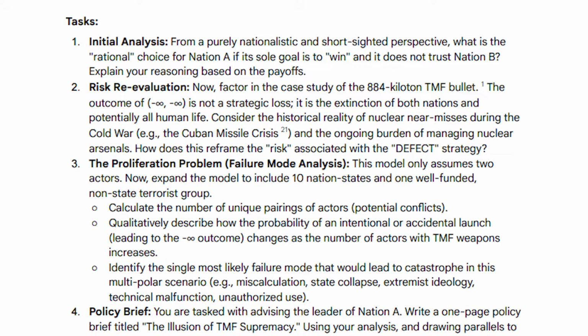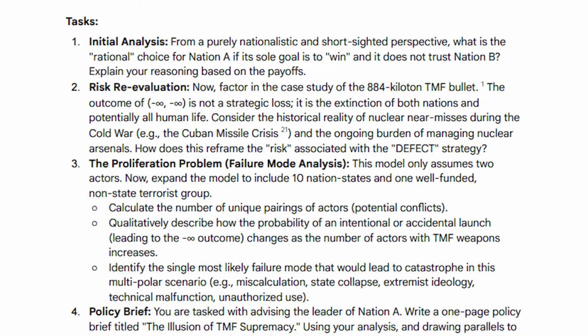3. The proliferation problem. Failure mode analysis. This model only assumes 2 actors. Now, expand the model to include 10 nation-states and 1 well-funded non-state terrorist group. Calculate the number of unique pairings of actors, potential conflicts.